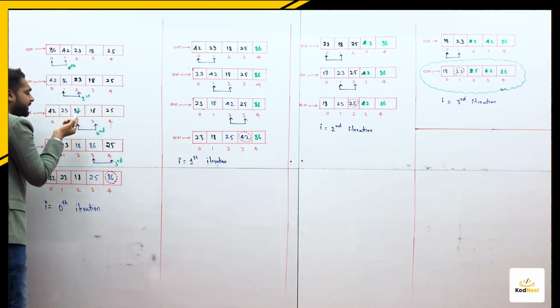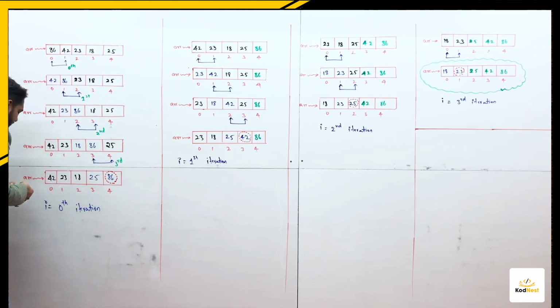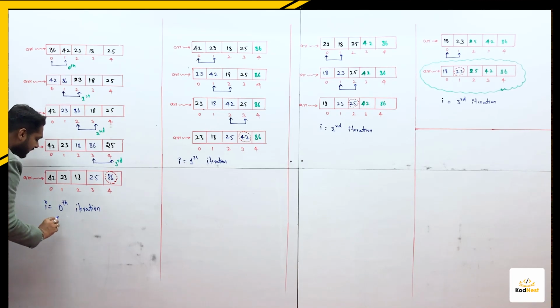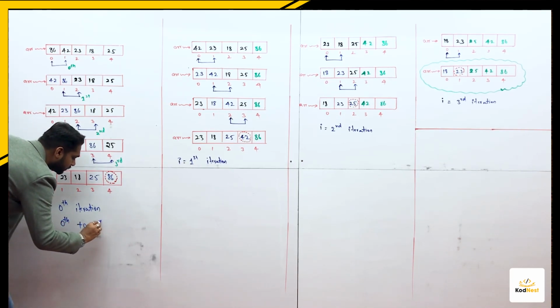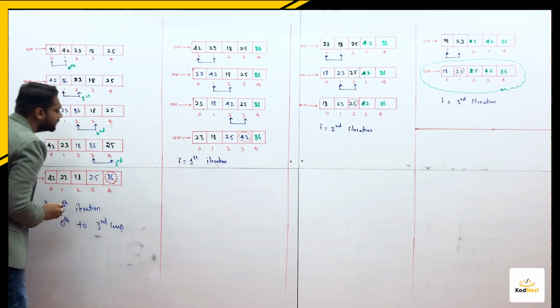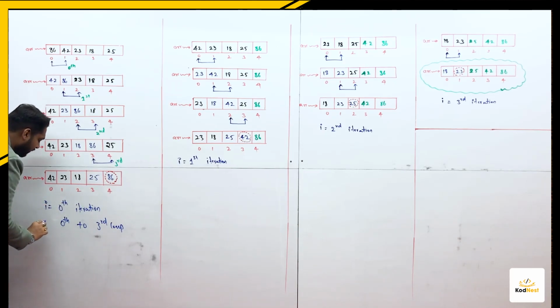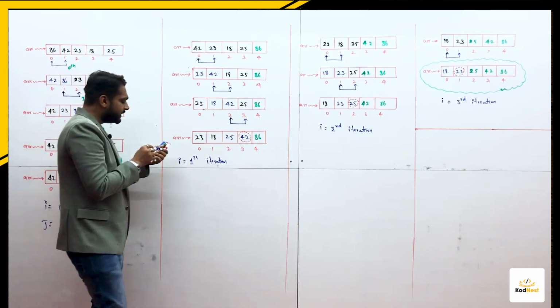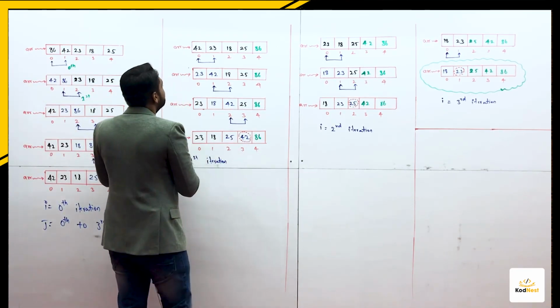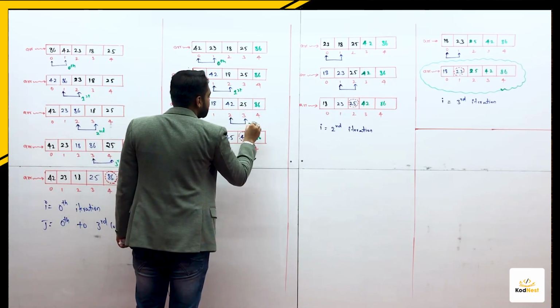In the 0th iteration, I am doing from the 0th comparison to the third comparison. Now let J take care of the number of comparisons. Here how many comparisons am I doing? This is the 0th comparison, this is the first comparison, this is the second comparison.